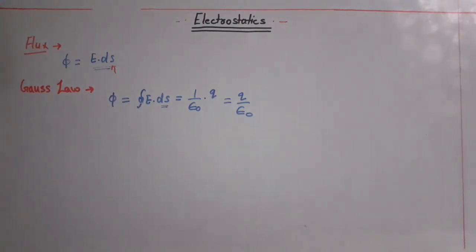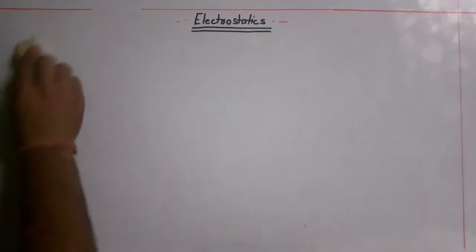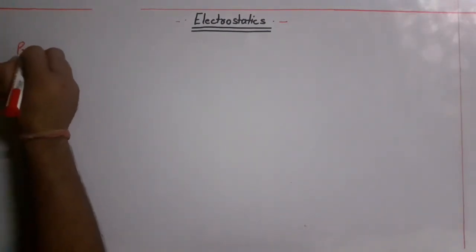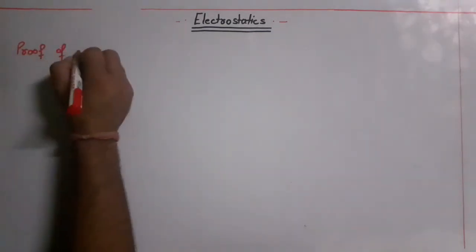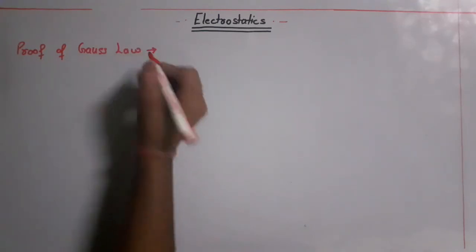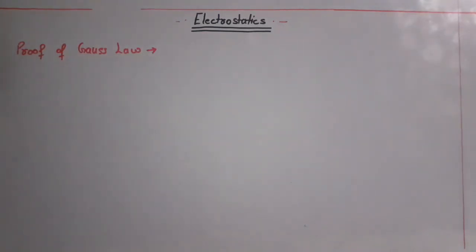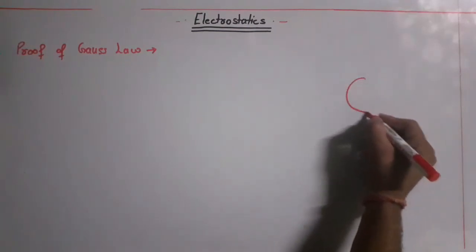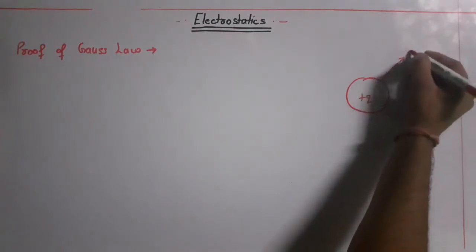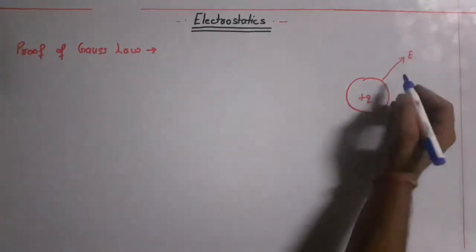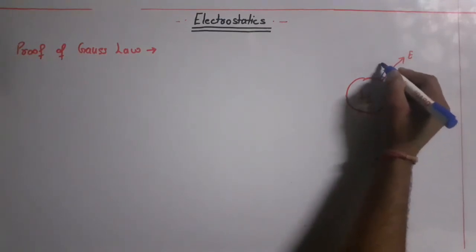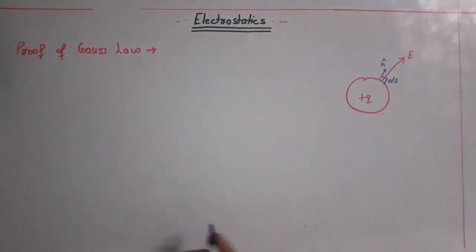So let's use Gauss law. Before using Gauss law, let's prove Gauss law. Proof of Gauss law. Let's say we have a sphere and this sphere contains a plus q charge, so the electric field direction will be outward. Let's assume a Gaussian surface which is ds and the normal of this surface is n cap.